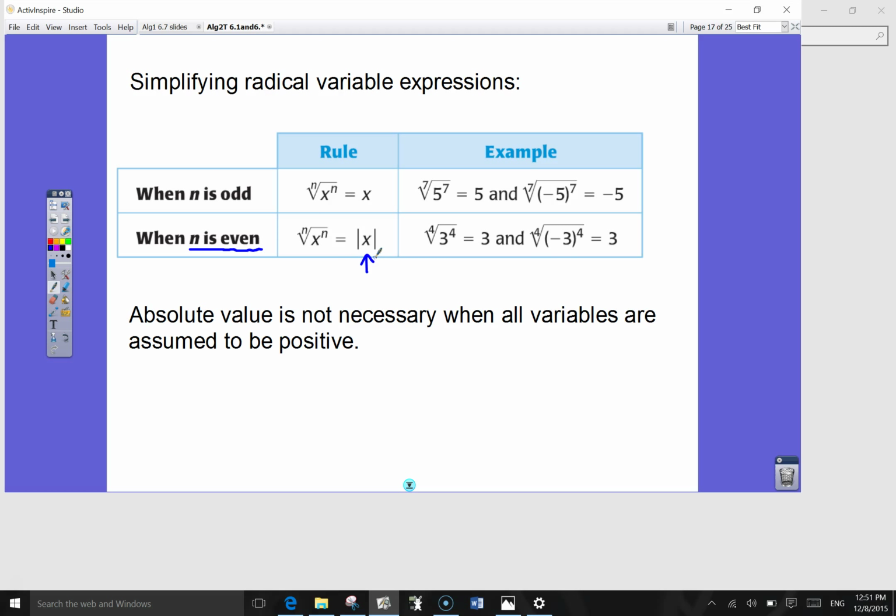So the absolute value symbols will not be necessary if we can assume that all the variables are positive, and most of the time that will be given. In the homework problems, it's absolutely given. Okay, this becomes a little different when we solve equations. Then we can't just say we want the positive. Or actually, we can, but we'll see how that works. That'll be the next lesson.